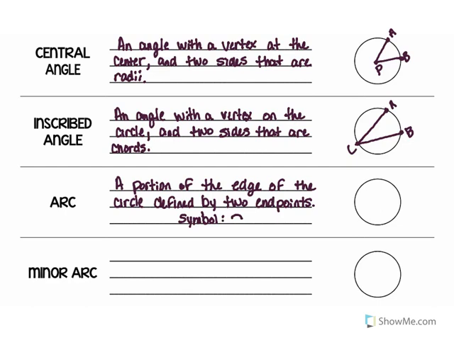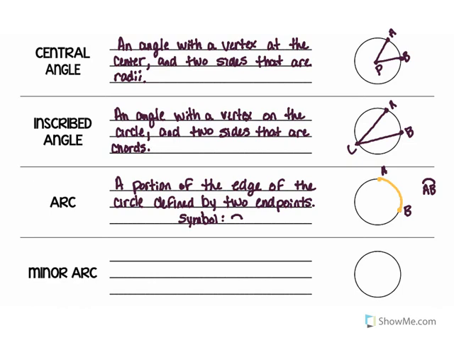So when we do this, I'm going to label this A and B. I'm going to do this in a different color so you can see it. Okay, so AB, to say that is an arc, we just put that little symbol over top of it. So that would mean arc AB. That's super important to have that notation. You have to have that to say that it's an arc. You're going to see that a lot in this unit.